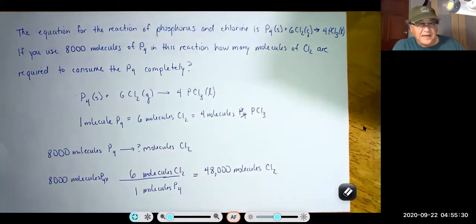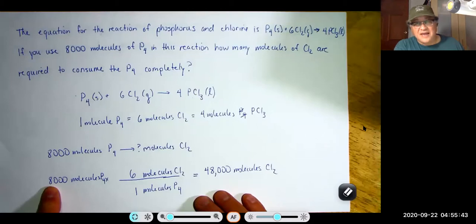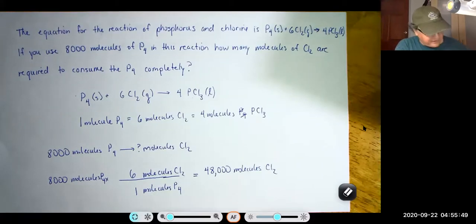Okay. And this problem is not written the best way possible because this has only one significant figure. I mean, you're not going to be able to count 8,000 molecules of P4. They're too small. It's ridiculous. So this answer should only have 1 sig fig.